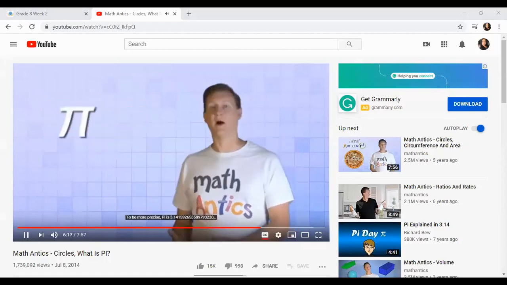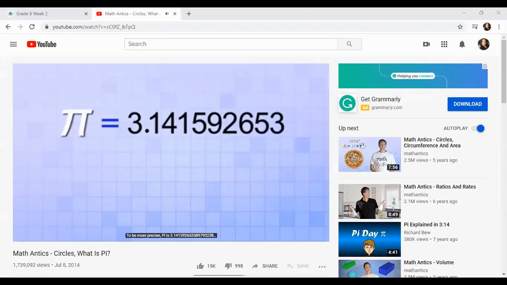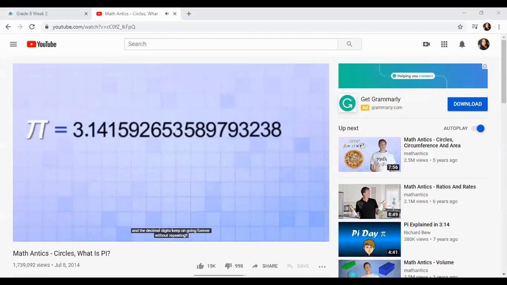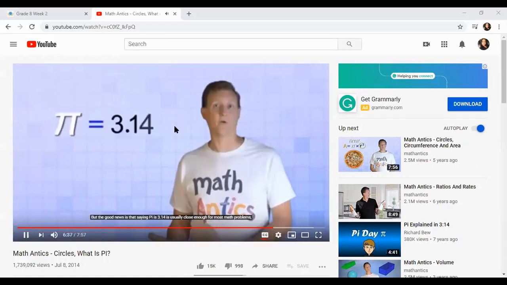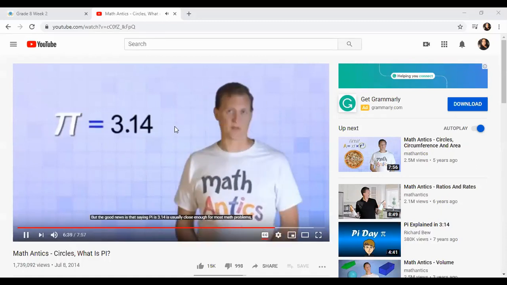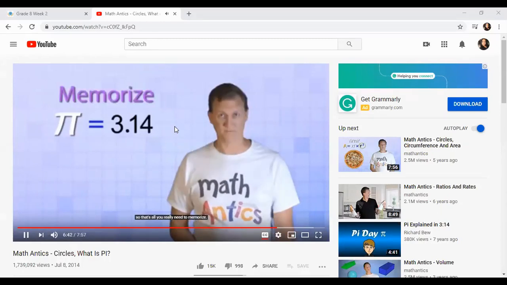To be more precise, pi is 3.14159265358979323 and the decimal digits just keep on going forever without repeating. Pretty amazing, huh? But the good news is that saying pi is 3.14 is usually close enough for most math problems, so that's all you really need to memorize. And that's why we use a symbol for pi in equations. We could write pi with just 2 decimal places, or we could write it with 5.